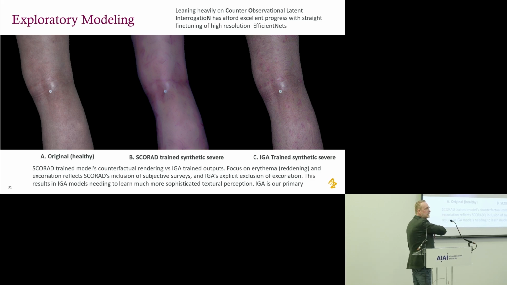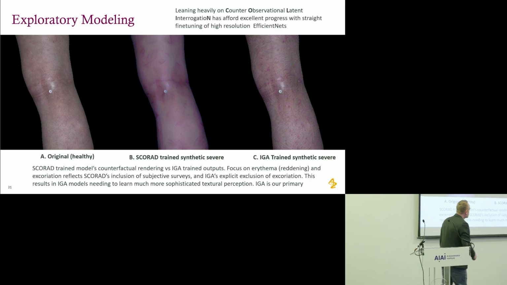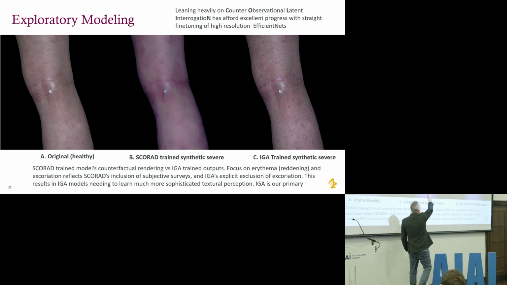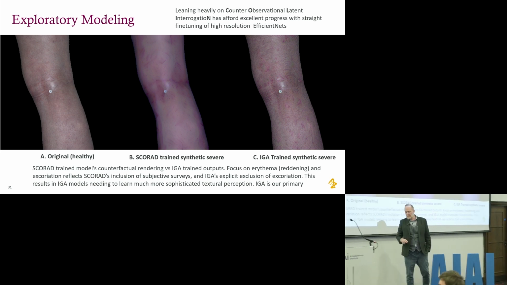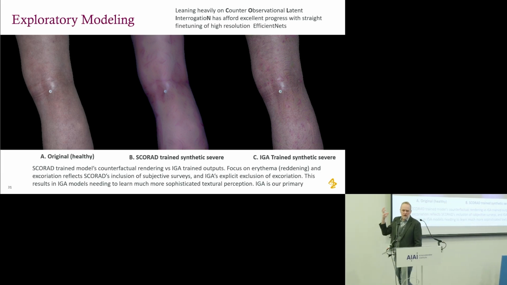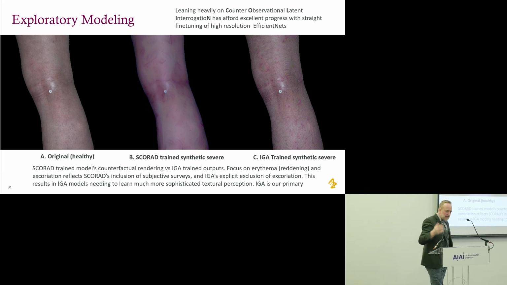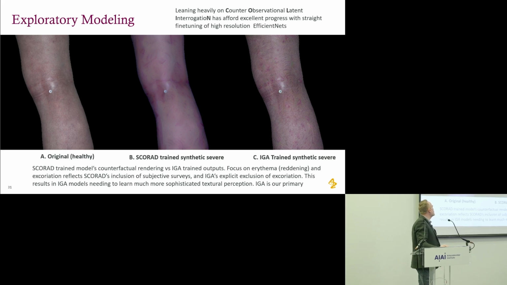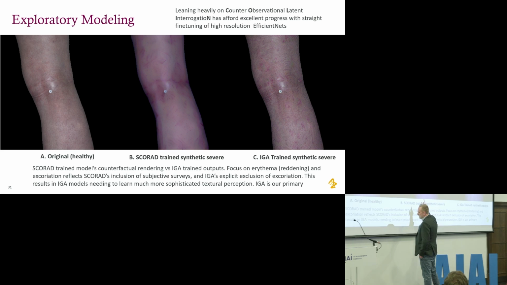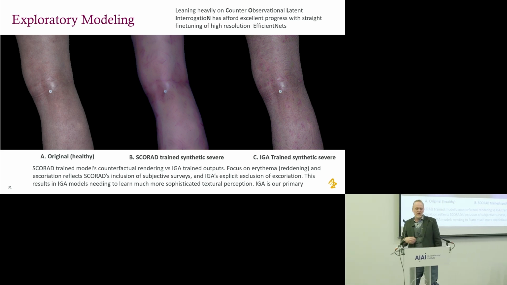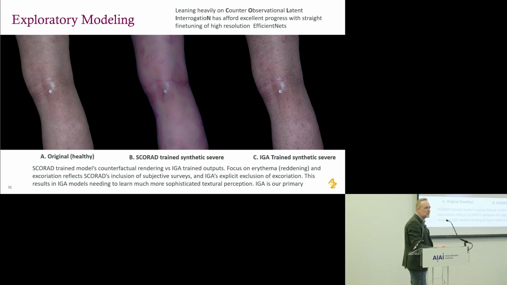Now, when we train the algorithm, and then we use Colin, and we say, OK, show us what eczema looks like, this one only really added scratches and redness. And that one had a way more interesting interpretation of what eczema was. It knew about dry skin and spots, and it got a way more deep understanding. So not only did we choose that model, but we chose this way of labeling the condition. So it's getting a lot of use. Bear in mind, this technique came about 5 months ago.